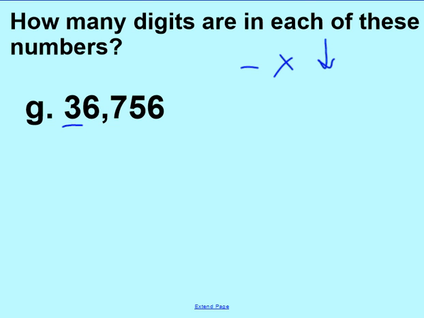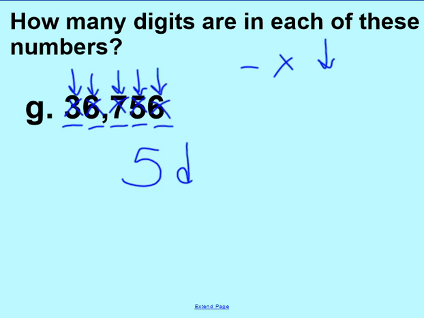Well, here's 1, here's 2, here's 3, here's 4, here's 5, and that's it. So we have 5. Make sure you put your label digits, because it's asked how many digits, therefore I have to put that as my label, okay? So I have 5 digits.